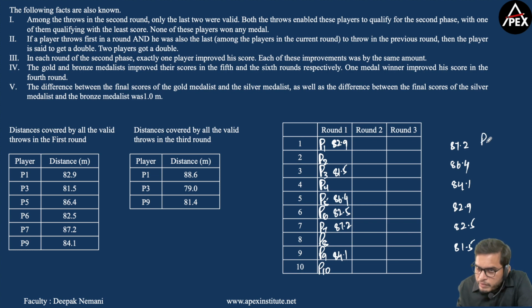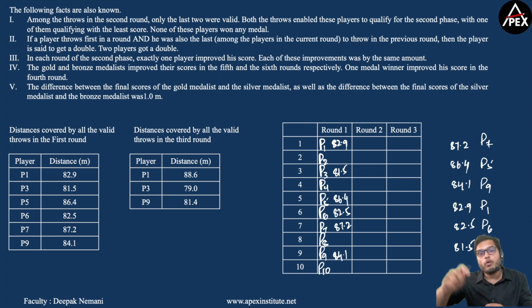Now this is P7's score, 86.4 is P5's, 84.1 P9's, 82.9 is P1, 82.5 is P6, and 81.5 is P3.